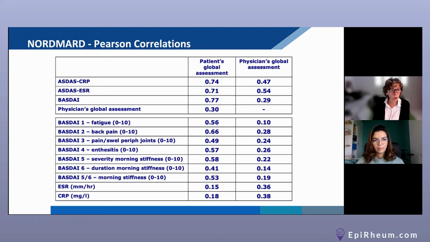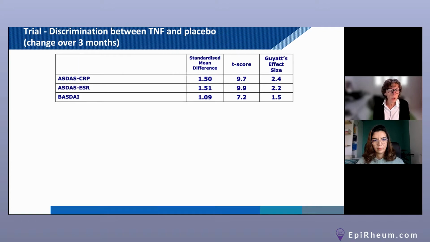If you then also compare to individual components, you see that the ASDAS and the BASDAI are better than the individual components. Another important aspect is the discrimination. To do this, you can take trial data. Here we used TNF data after 3 months of treatment in comparison to placebo.